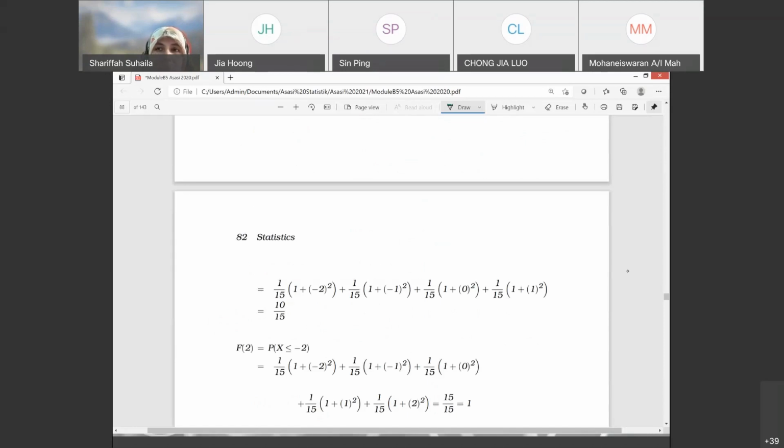So 10 over 15. The last one, capital F2, probability X less than or equal to 2. You will have minus 2, minus 1, 0, 1, and 2. Again, total probability must equal 1.